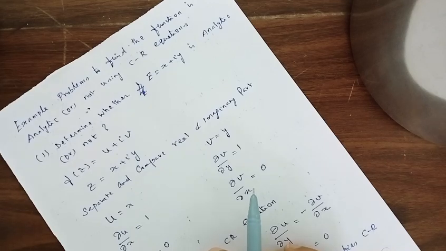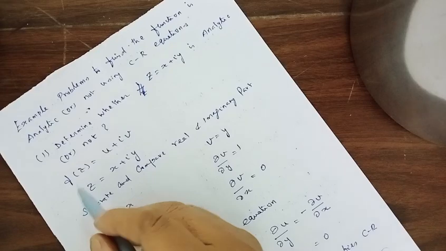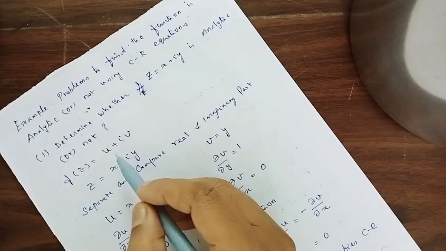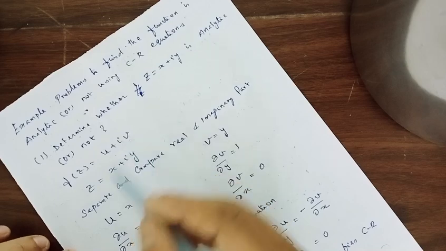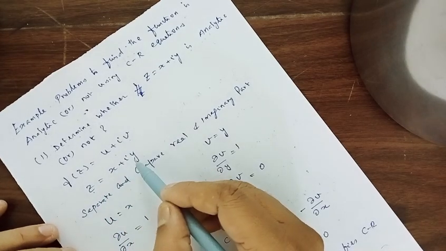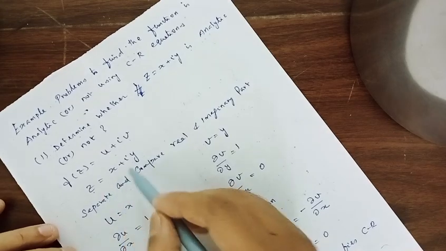After that, you should find dou u by dou x, dou u by dou y, dou v by dou x and dou v by dou y. If it satisfies the CR equations, then it is analytic, and also if it is continuous in that region. Now, f of z is equal to u plus iv. But we know z is a complex variable, x plus iy.